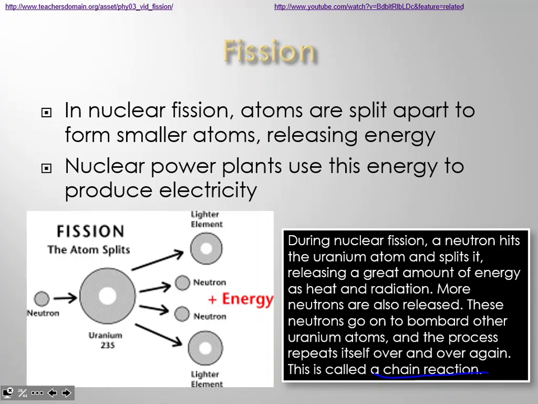And it does produce a lot of electricity, and it doesn't give us the byproducts of burning fossil fuels, so it is technically cleaner than some of that other fuel source that we get energy from. But like I said, afterwards, what do you do with the waste product that is still radioactive? Nobody wants to live near that.